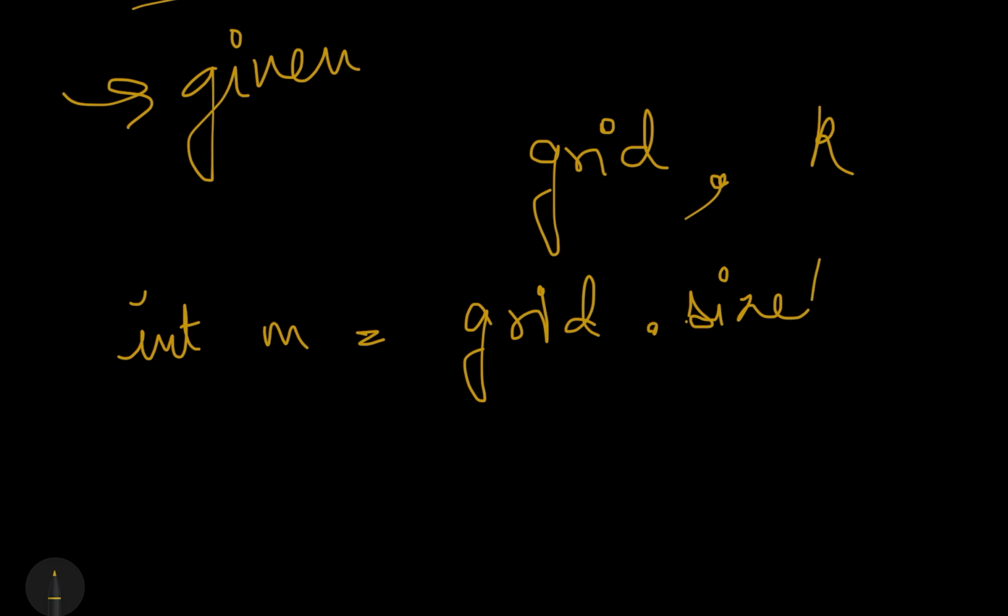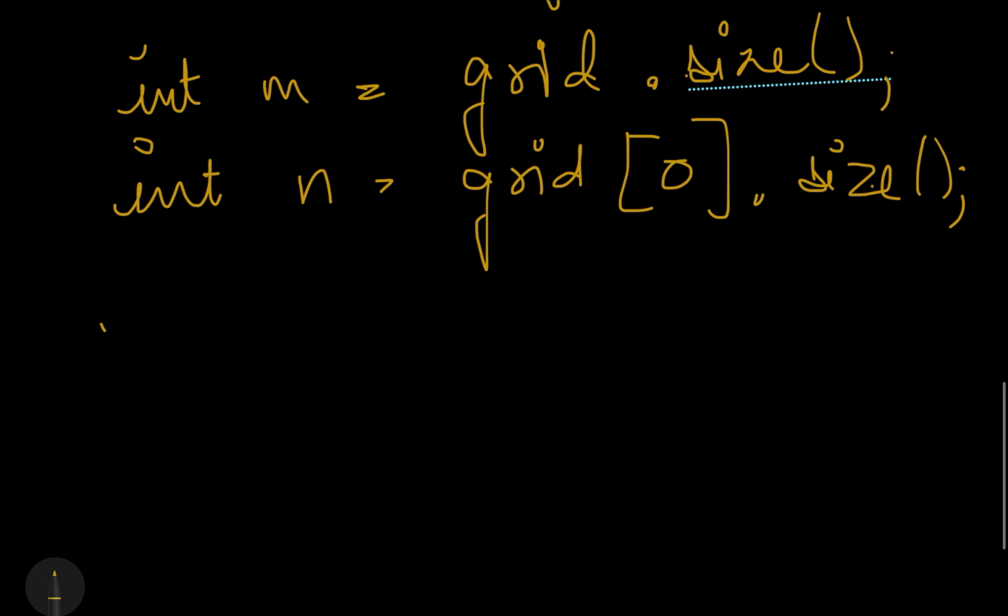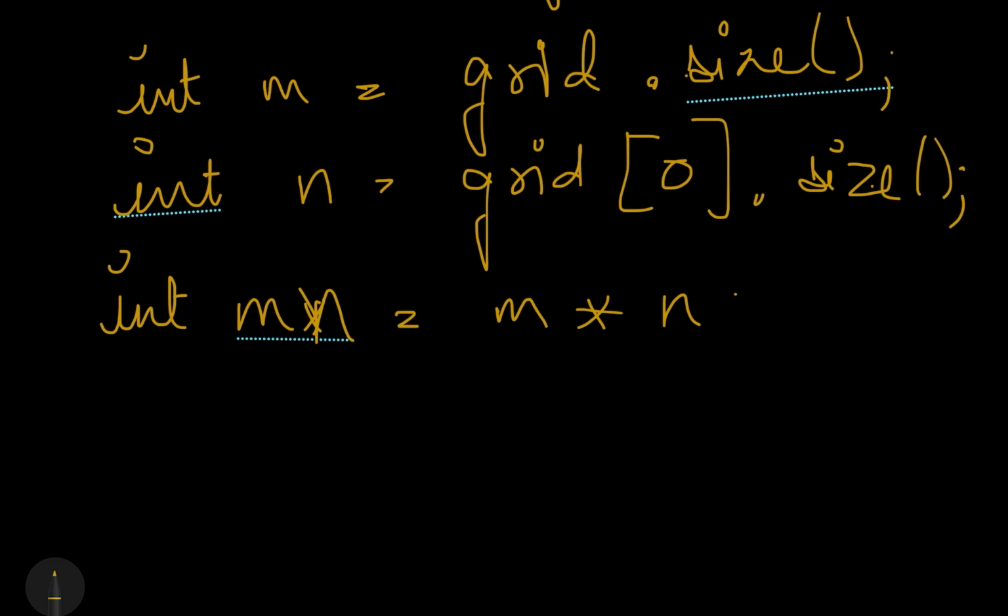This would be the number of rows, and this will give us our number of columns. Then we can find the total number of cells in the grid, which will be equal to m into n.